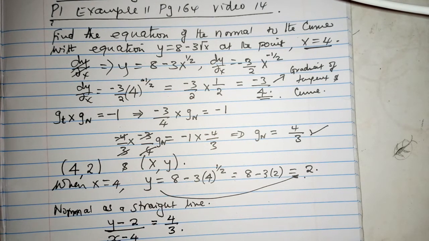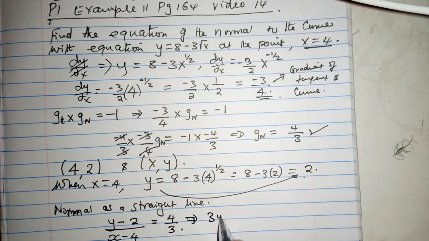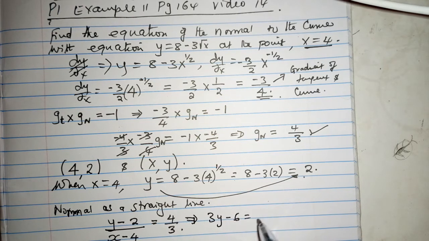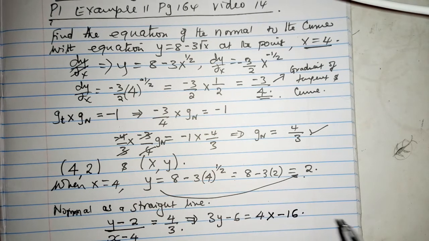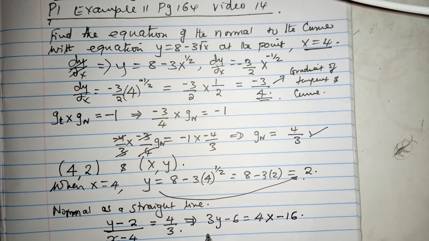And this is just cross multiplication. 3y minus 6 is equal to 4x minus 16. And the equation happens to be 3y equals 4x minus 10.